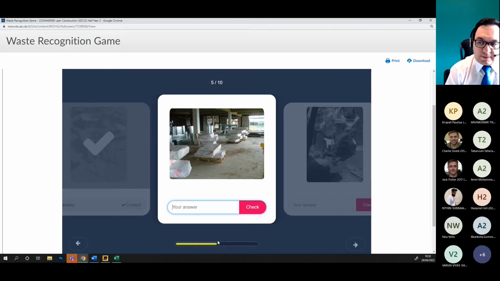Waiting, transportation, inventory, motion, overproduction, overprocessing, defects, and unused talent. Motion, waiting, inventory, transportation.